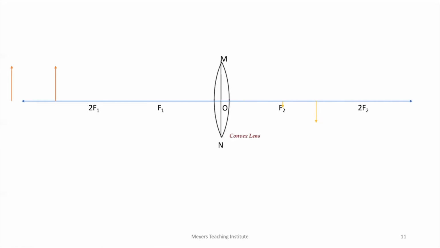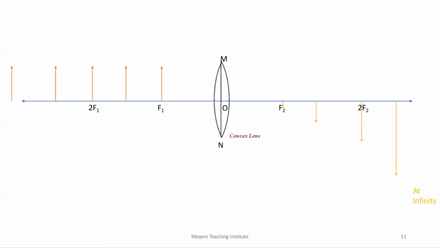We can have the object at 2F1 and we find that the image is at 2F2. We can have the object between 2F1 and F1 and the image is formed beyond 2F2. Sometimes the object could be placed at F1, but the image is formed at infinity.